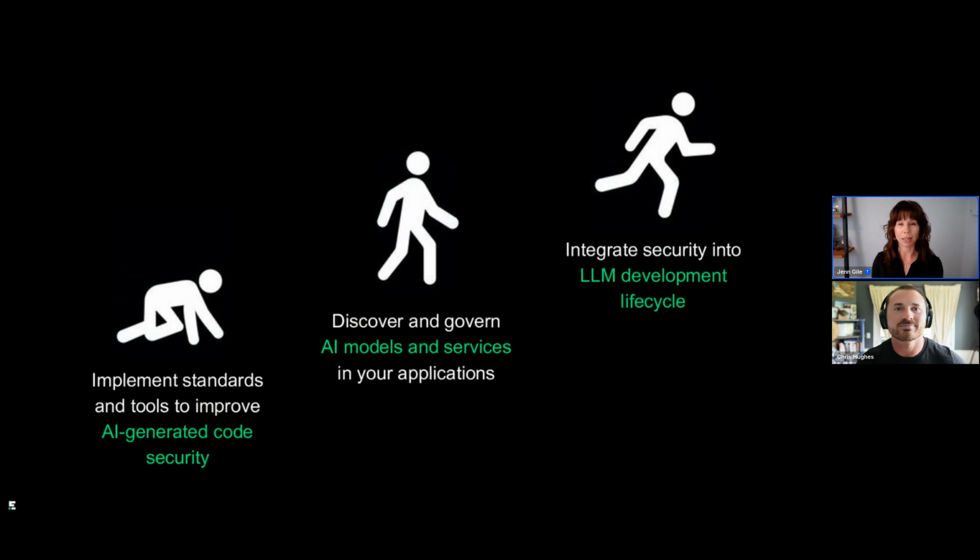Perhaps your data science team is bringing them in. They're being called in your applications. How do you discover what's being used? How do you govern them? And then finally, for those who are already probably running really fast, how do you integrate security into your LLM development lifecycle? Chris, anything you want to say with commentary before we jump into crawl?